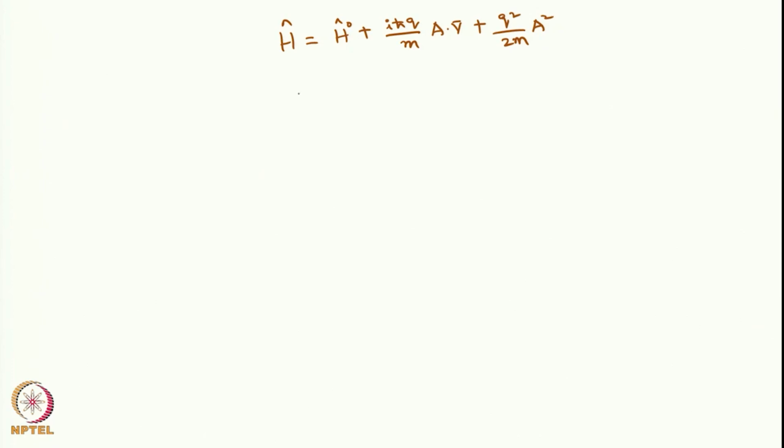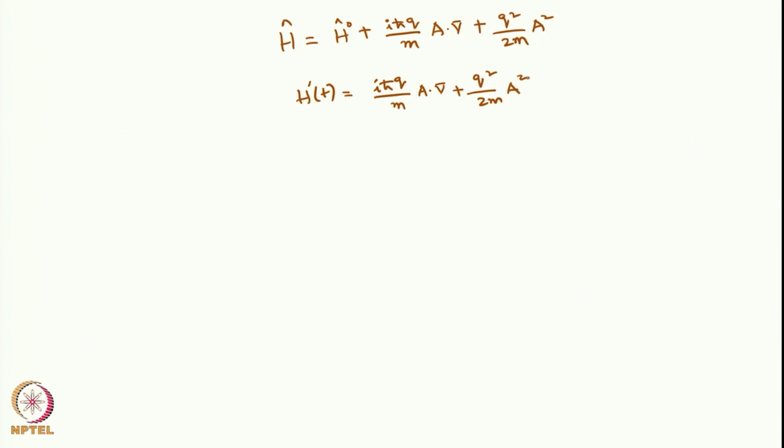So, which means your H prime of t should be equal to ih bar q by m A dot del, okay, plus q square by 2m A square. Okay.